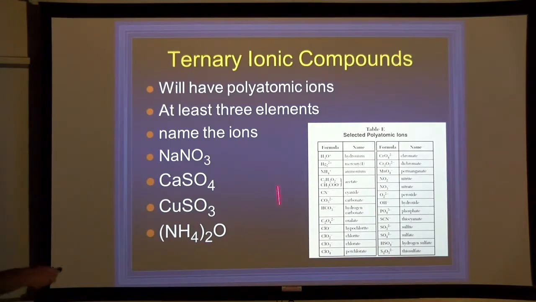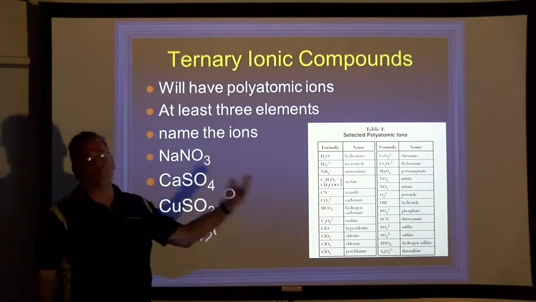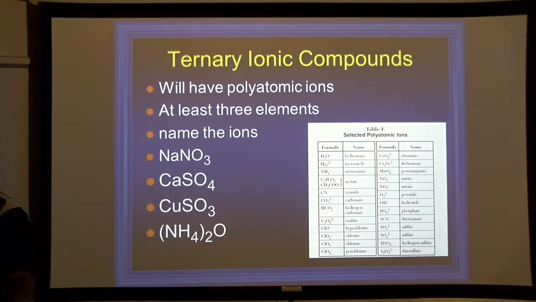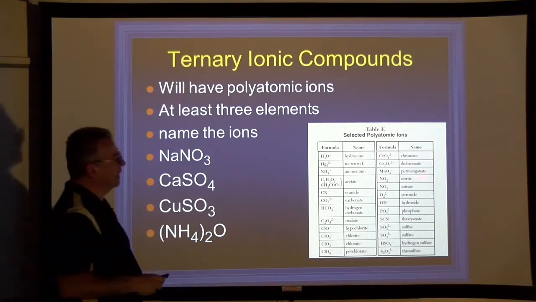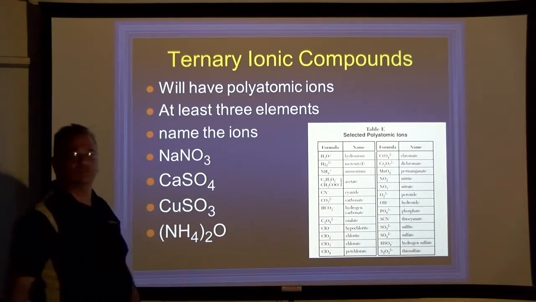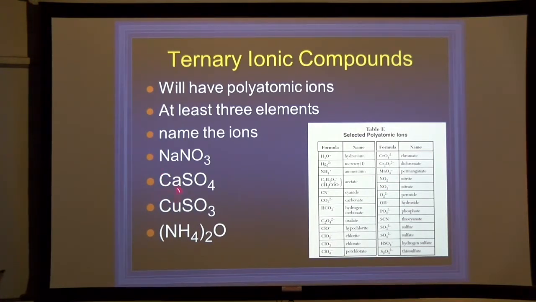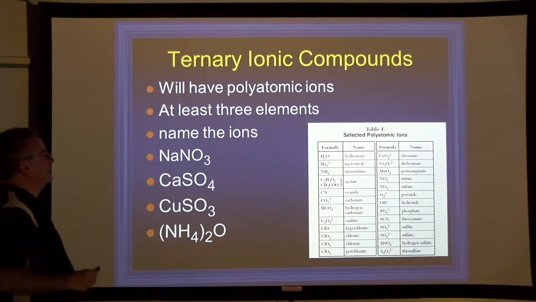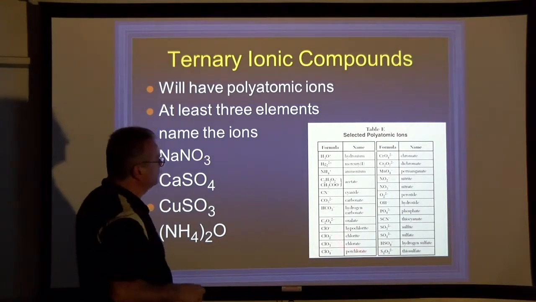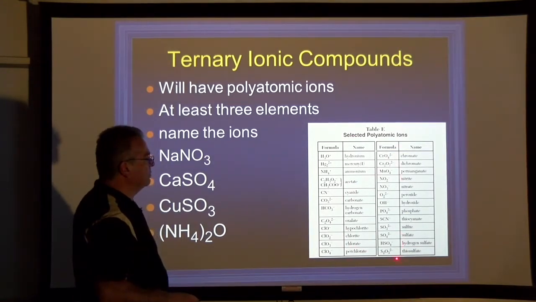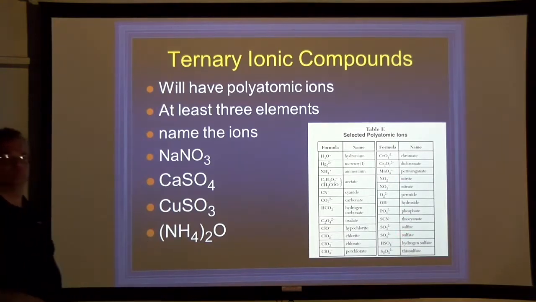So to get the name, you have to go to the table, unless you memorize them all. So this would be sodium connected to a NO3 with a -1, nitrate, right? This is calcium connected to SO4. I go to the table, SO4, sulfate.